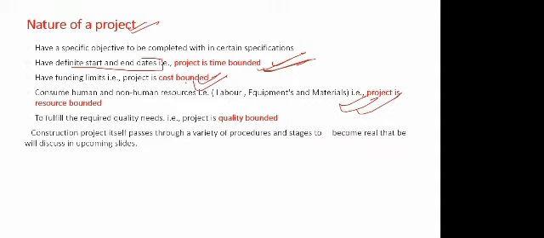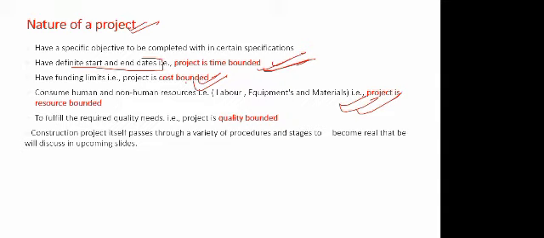That's why they all are related. So you need to monitor each and every parameter in a good way, or you can say parallelly you have to look into all these parameters. If you are increasing the number of resources, the cost will automatically go up. So all three are related to each other.